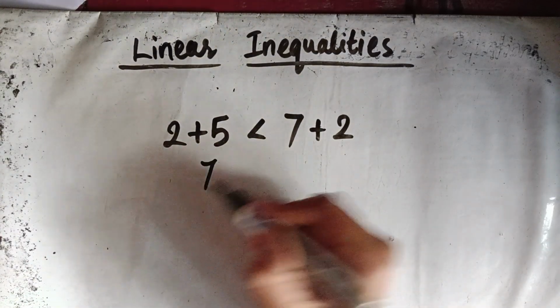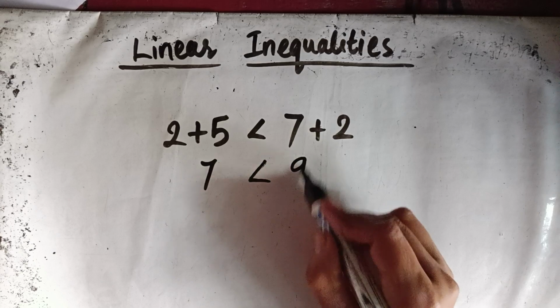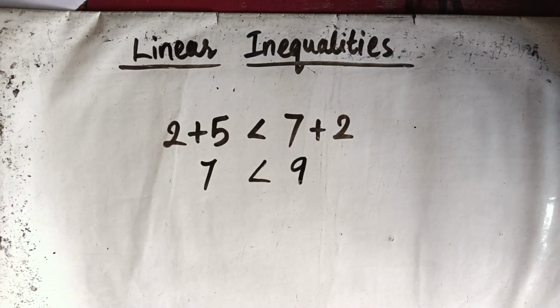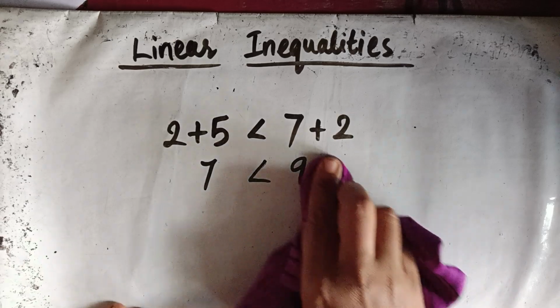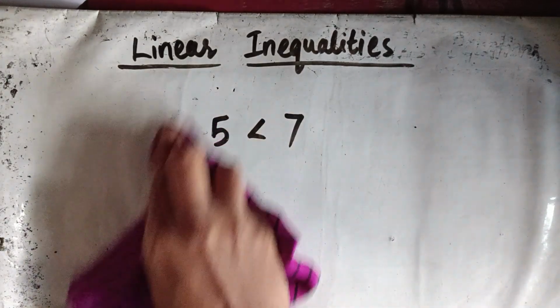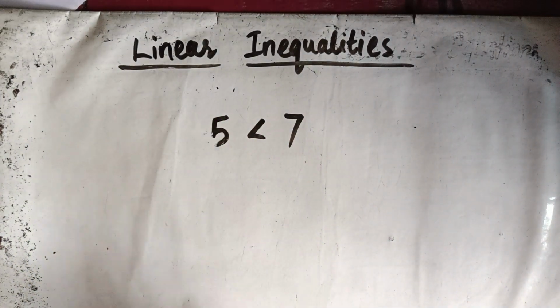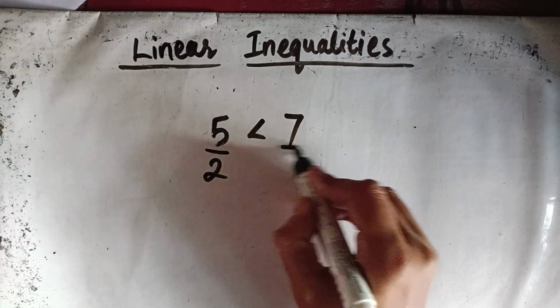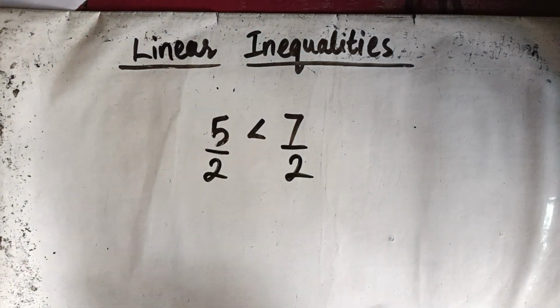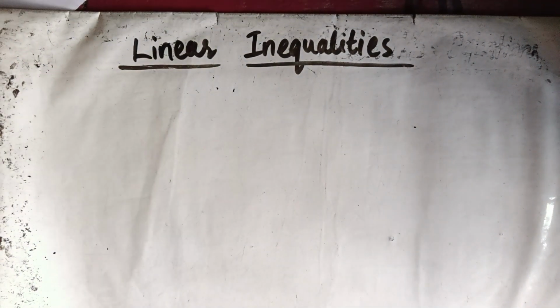So this becomes 7 is less than 9. Second rule is both sides may be multiplied or divided by the same non-zero number. If you are multiplying or dividing by one number on one side, then you have to do the same on the other side.